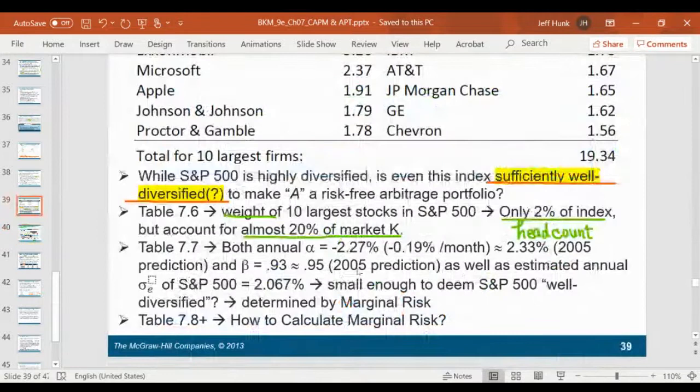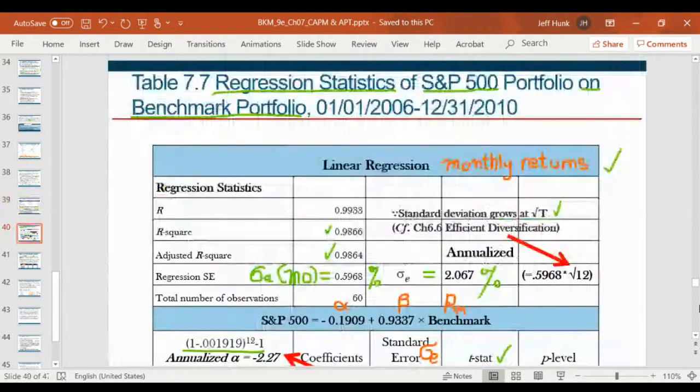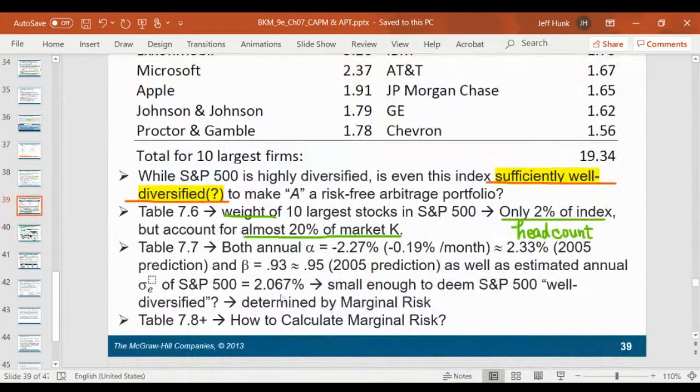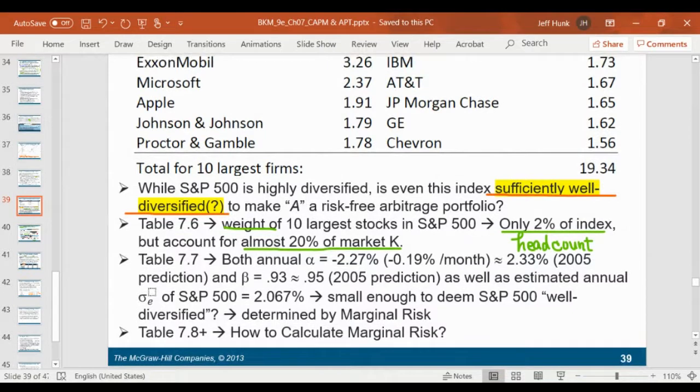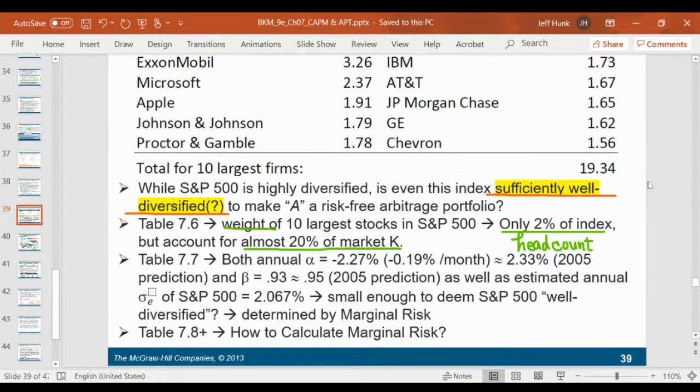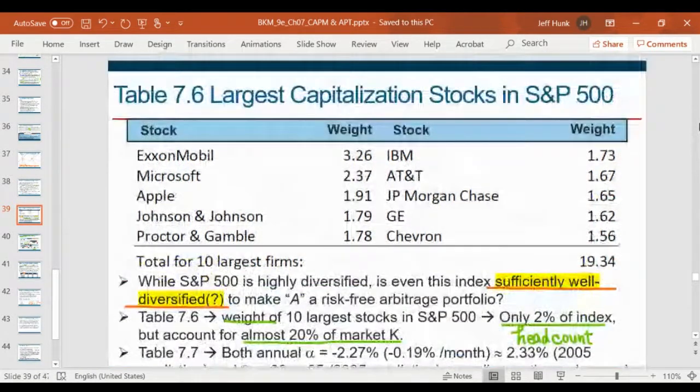But let's see Table 7.7. Both annual alpha, which is negative 2.27, is approximately the same as the 2.23% predicted in 2005; the prediction was 2.33. I was wondering where that prediction was made.